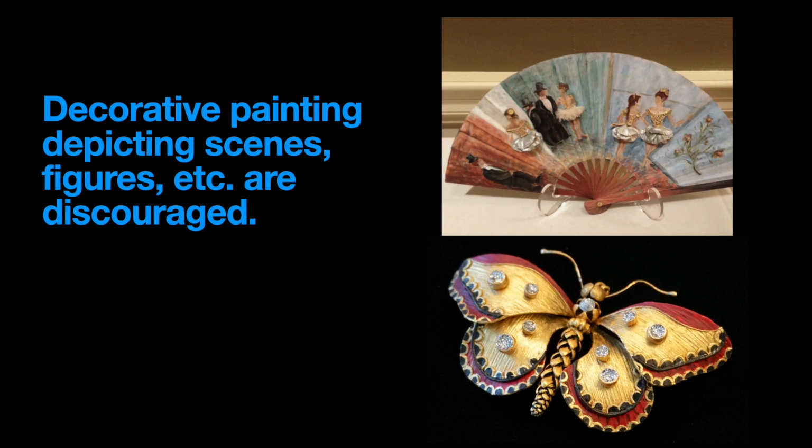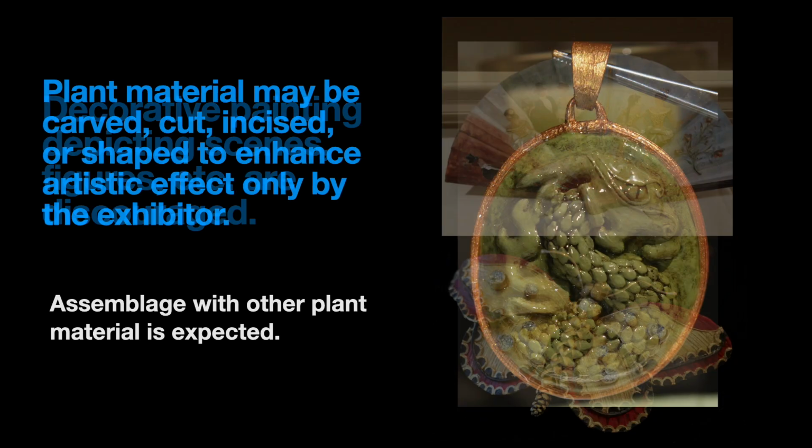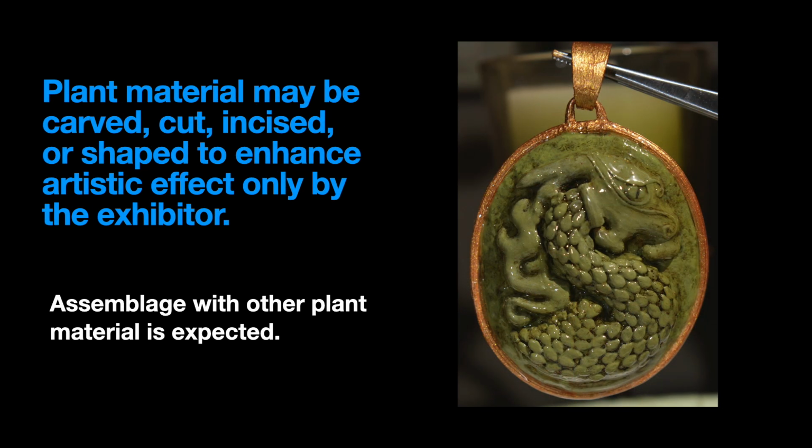Decorative painting, where you're depicting scenes or figurines or faces, etc., is discouraged. We want you to use plant material to create the pattern. Plant material may be carved, cut, incised, or shaped to enhance artistic effect, but only by the exhibitor.